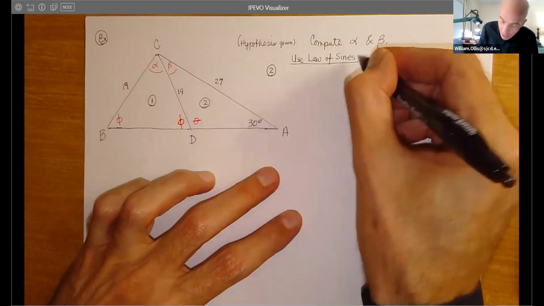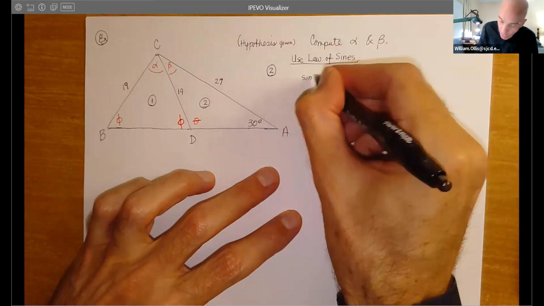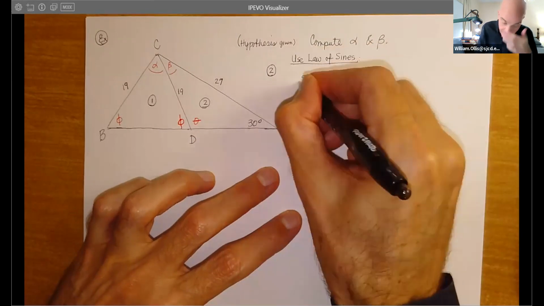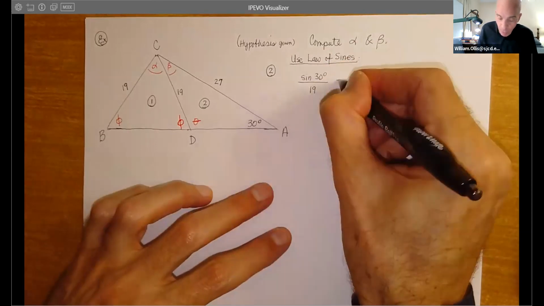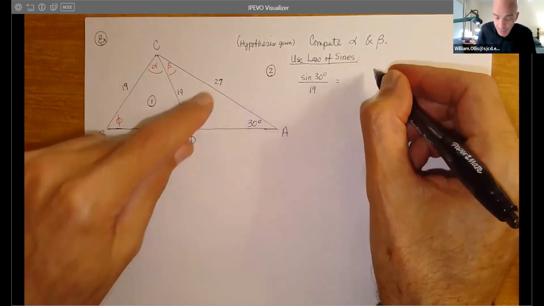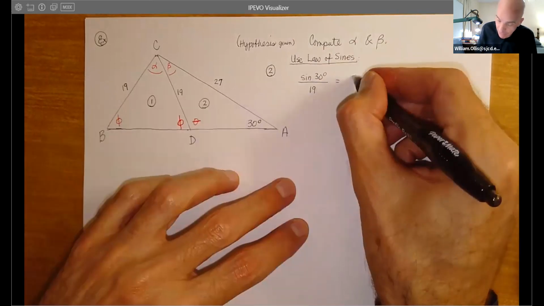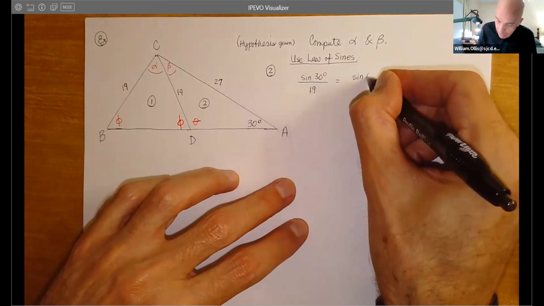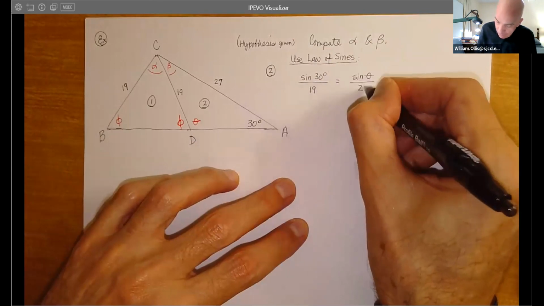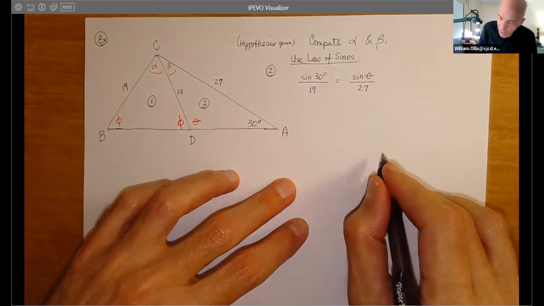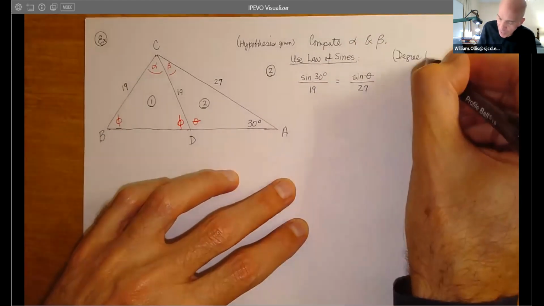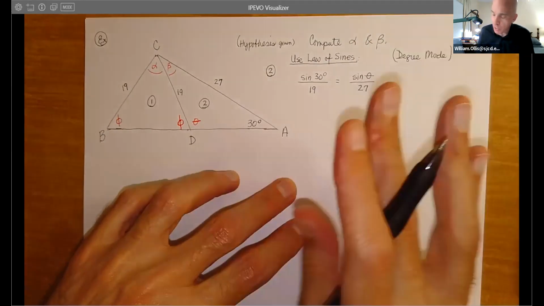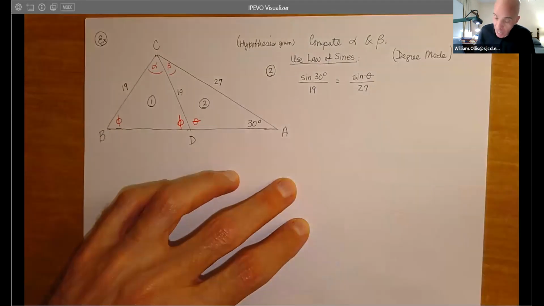So we have sine of 30 degrees divided by 19 equals sine of theta divided by 27. Again, we're thinking degree mode. We're thinking of all of our angles being measured in degrees just because we're going to think about using our Google calculator.